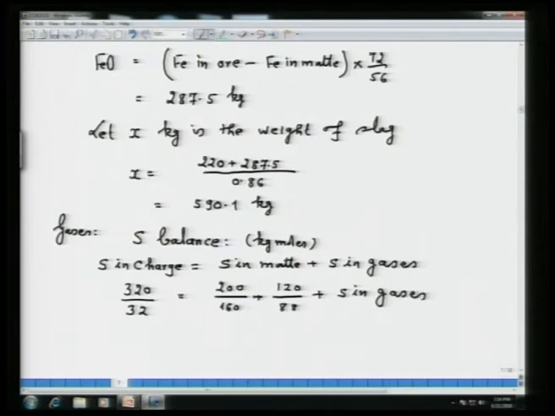Now, by simple mathematics I can find out sulfur in gases, that will be equal to 7.39 kg moles.